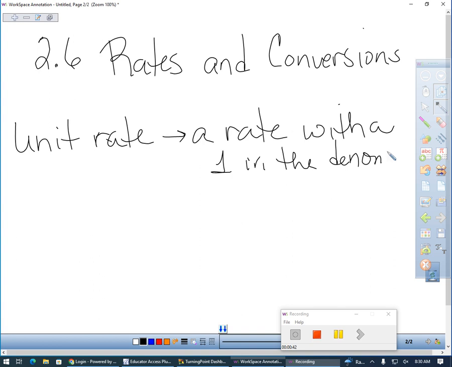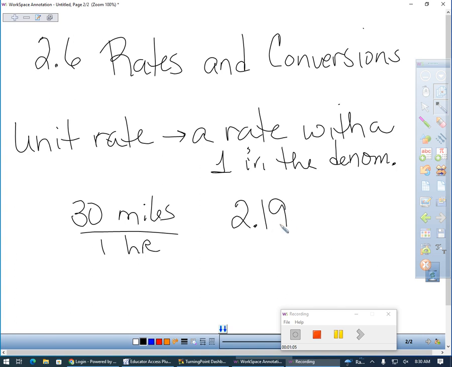Some examples of a unit rate might be 30 miles in 1 hour, right? 30 miles per hour. Another example might be something is $2.19 per 1 apple.